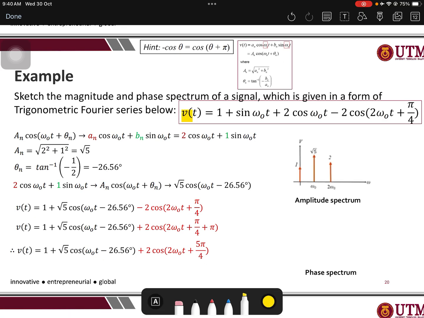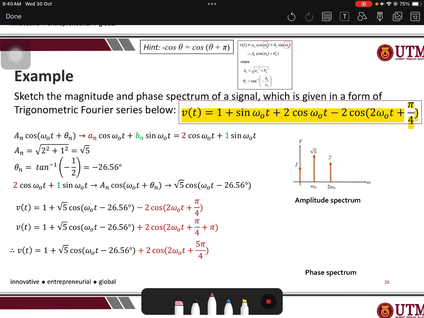So here you have v(t) = 1 + sin omega naught t + 2 cos omega naught t - 2 cos 2 omega naught t + 1/4.